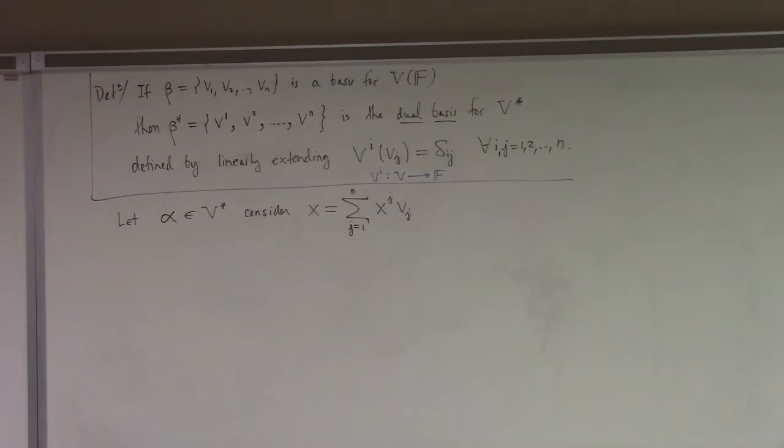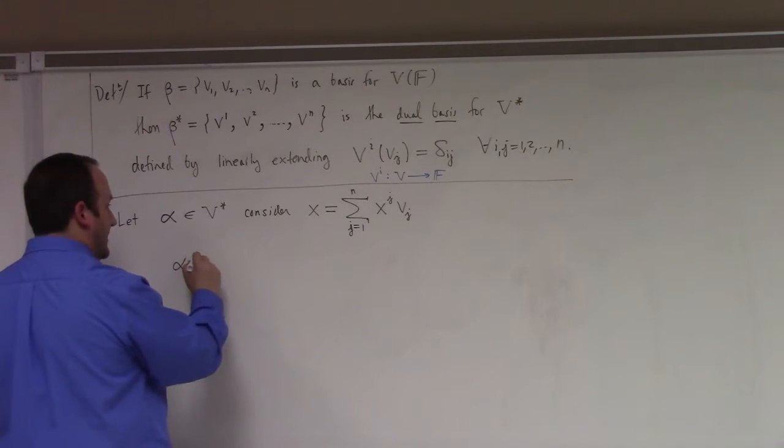This is a convention that I use when we're doing things with dual spaces. I put the components up for a vector. That's not x to the j power, that's just a label that's upstairs. So, what happens when alpha acts on x? What do we get?